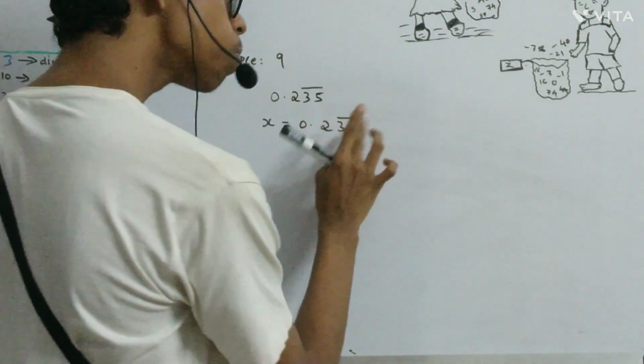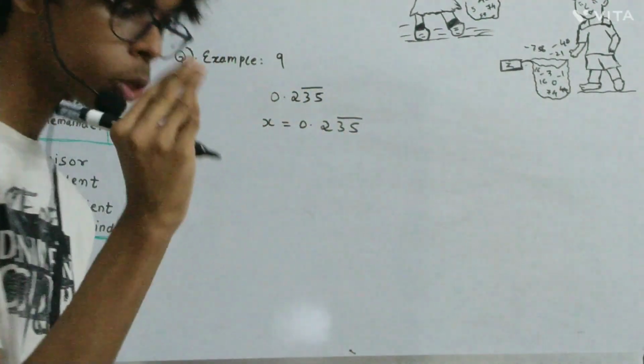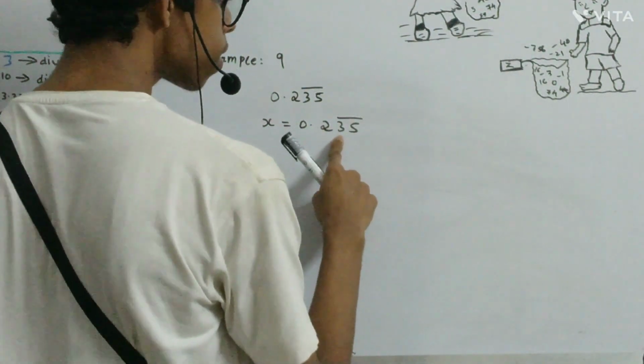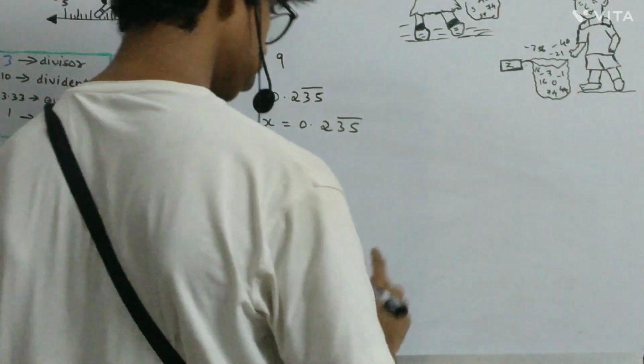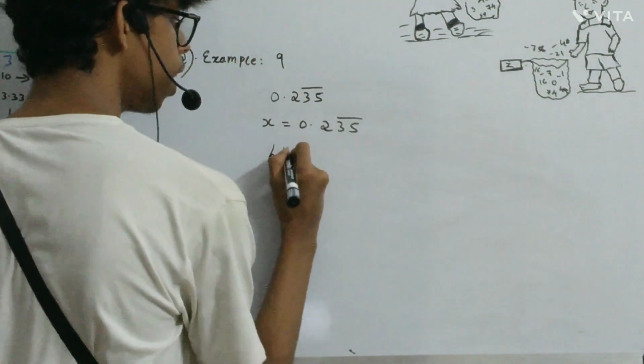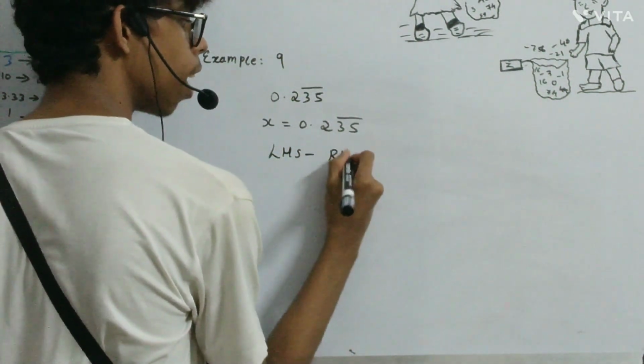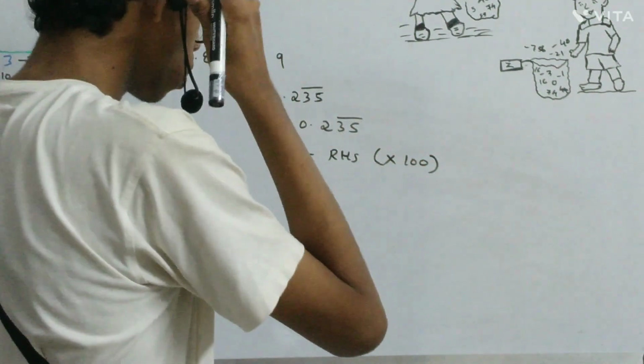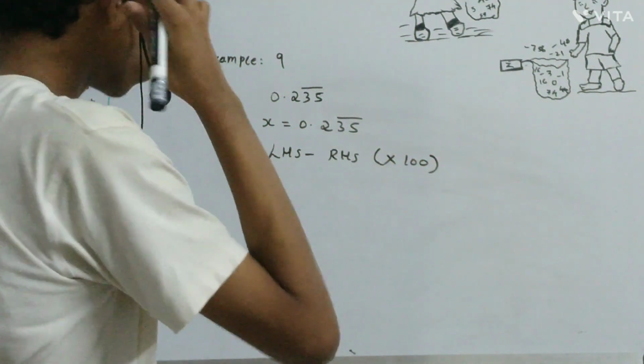You should see the numbers which are under the bar only. Under the bar symbol, 3 and 5 is there. So you have to multiply LHS and RHS with 100 and not with 1000. Don't get confused over there.